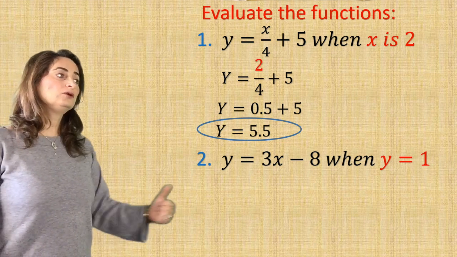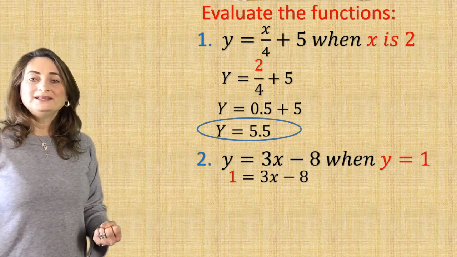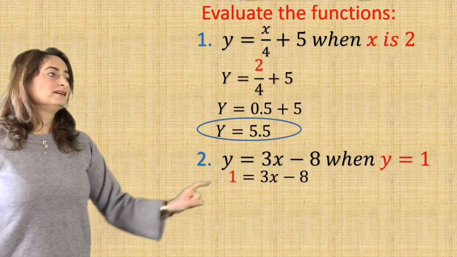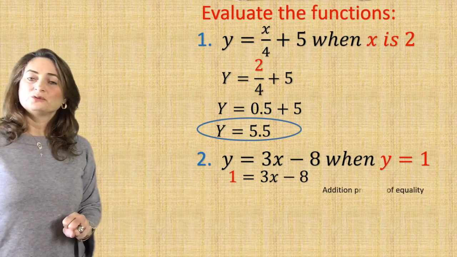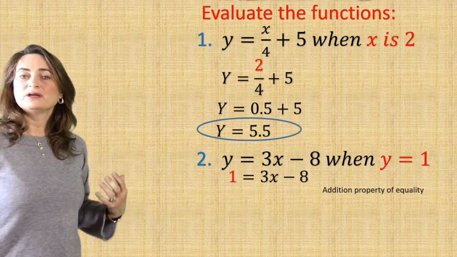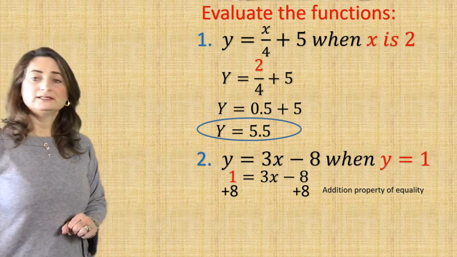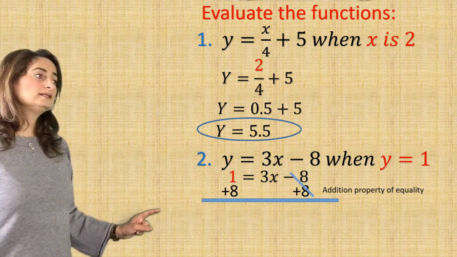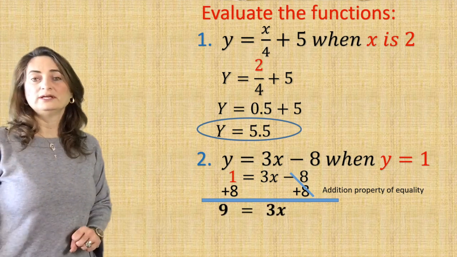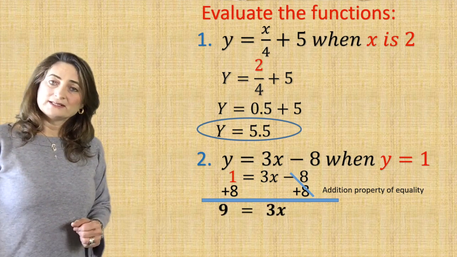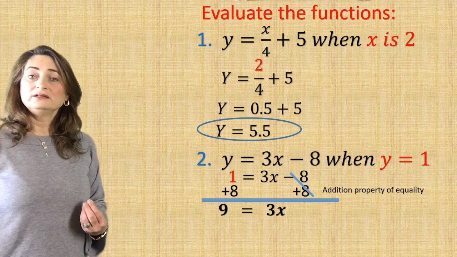So you end up with 1 equals 3x minus 8. I need to isolate x with the addition property of equality, because if you add the same number on both sides, the equation stays equal. So negative 8 plus 8, they cancel each other. You end up with 9 equals 3x. Still, x is not isolated. I need to get rid of the 3.